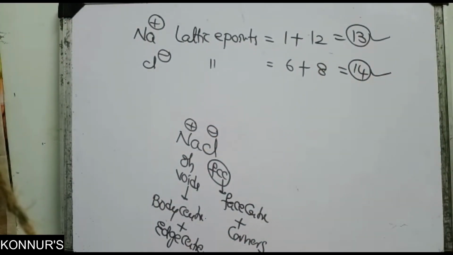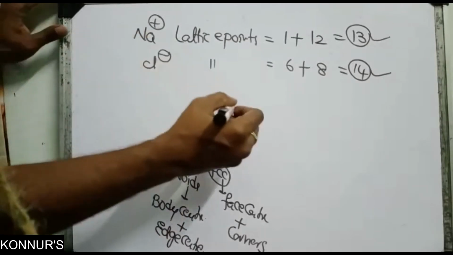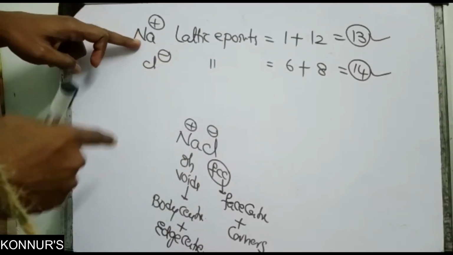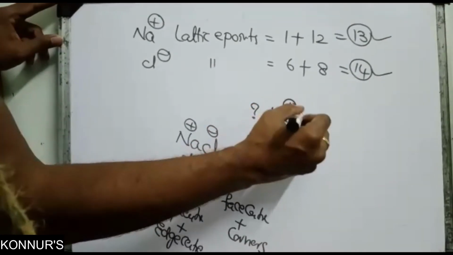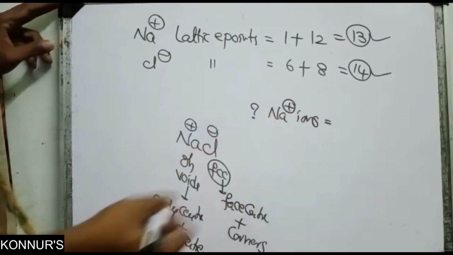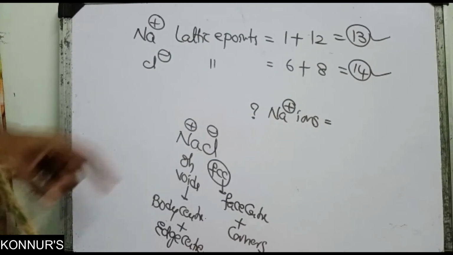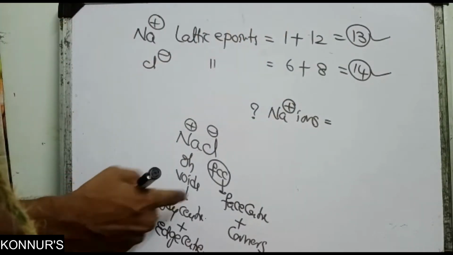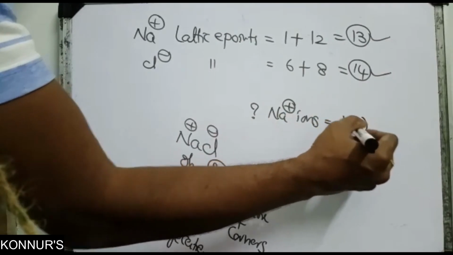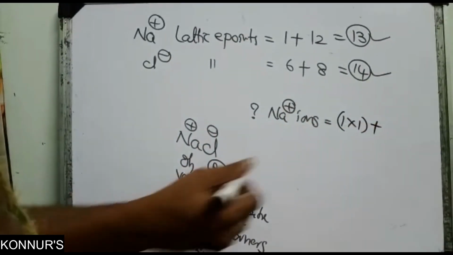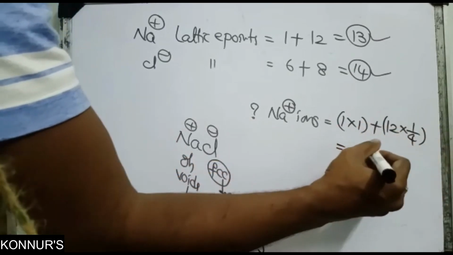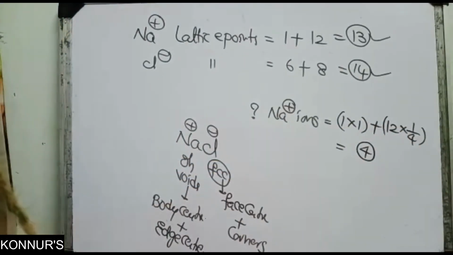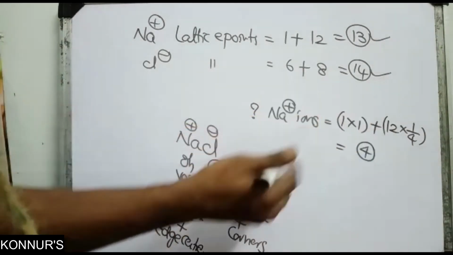Otherwise, in NaCl, one unit cell contains, in the crystal lattice, how many Na+ ions? They can ask the question. Body center is 1 into 1, plus edge center 12 into 1 by 4, so that is 4. So Na+ ions are 4.